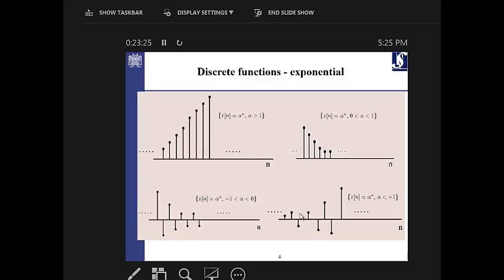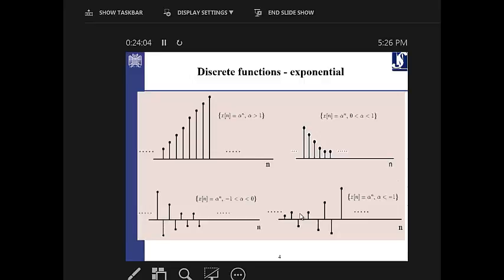There are other basic functions that are useful in the discrete domain, and they have some equivalences in the time domain. You have already seen those functions. For example, when we talk about the exponential in the time domain, it means e to the power of something. In the discrete domain, when we say exponential, we mean alpha to the power of n, for example. But depending on how alpha changes, you can have different types of signals.